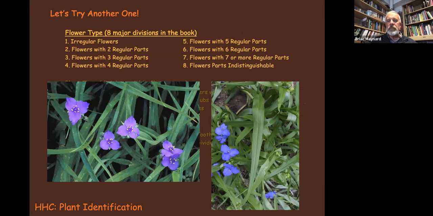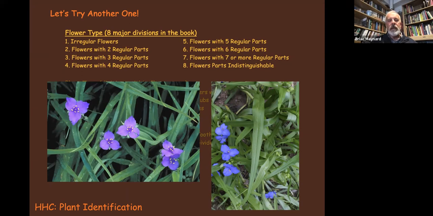Doesn't have to be wet soils, but moist soils. It can tolerate shade to some extent. It has long strap-like leaves that are alternating on the stem. And I know these pictures aren't good enough to show you that, but this is pretty much what you would see. So you'd have to look at that when you're taking the picture to determine that the leaves are alternating.